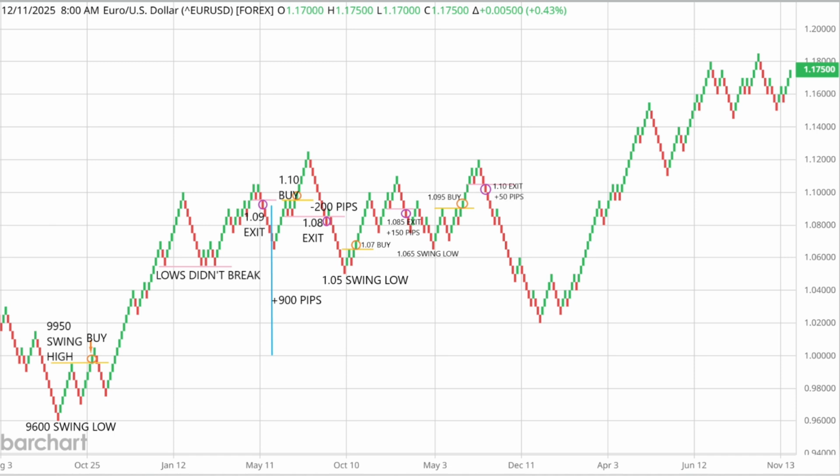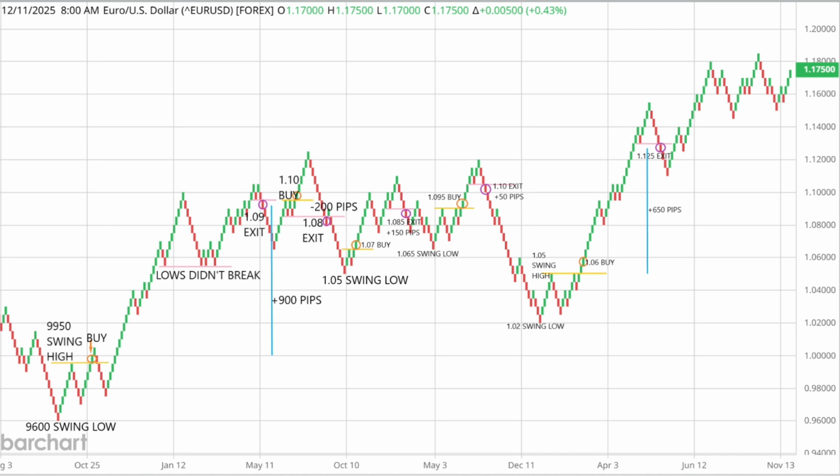Price then drops to around 1.02 and forms a swing high near 1.05. On March 4th, price closes at 1.06, giving us another entry. This move rallies strongly to around 1.14 before eventually breaking below the swing low near 1.13. We exit at 1.125, capturing roughly 650 pips.